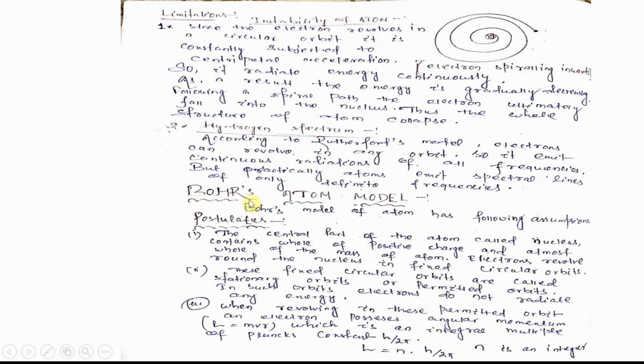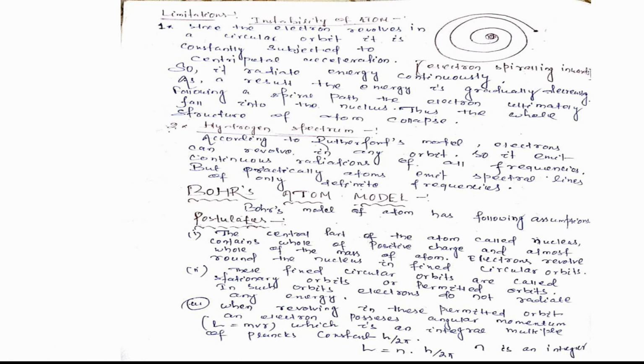Then the famous scientist Niels Bohr came and gave the idea regarding the structure of the atom, and he gave some assumptions that are known as the Bohr postulates. Bohr gave some ideas similar to Rutherford, but some parts he modified.